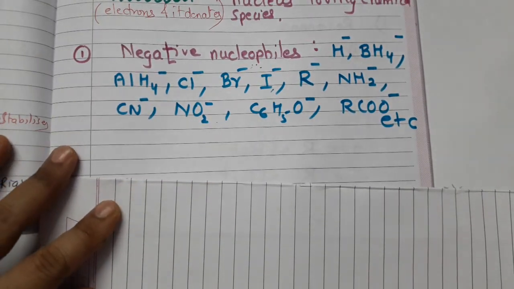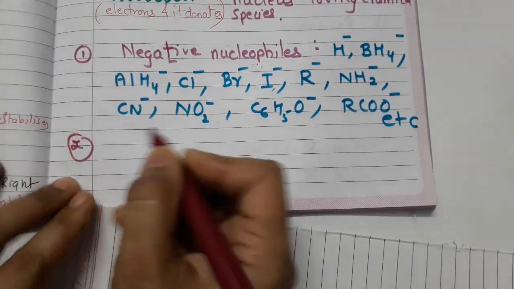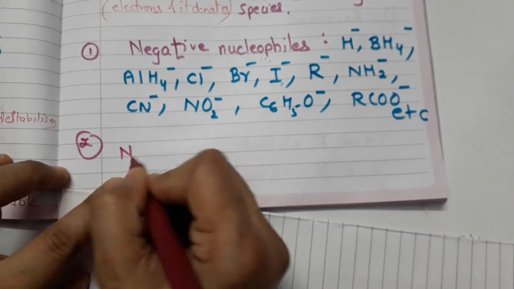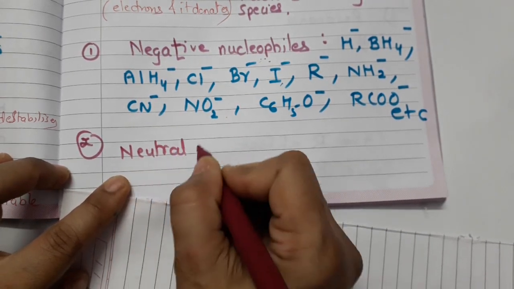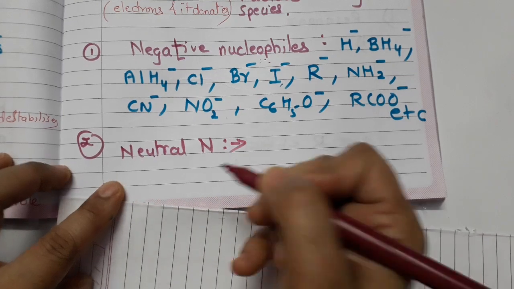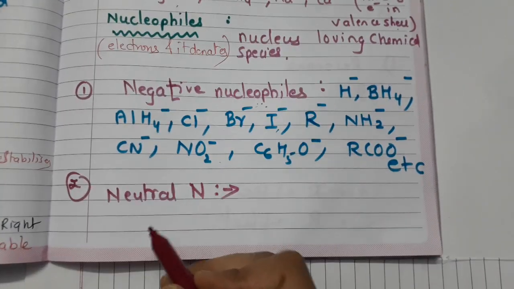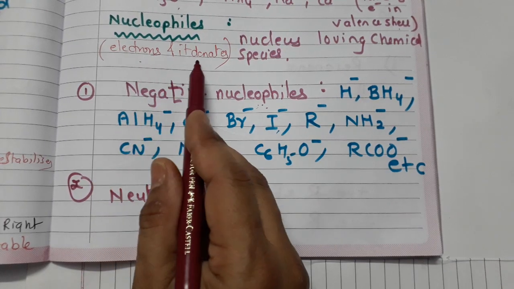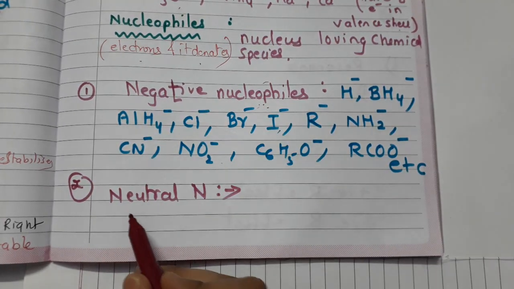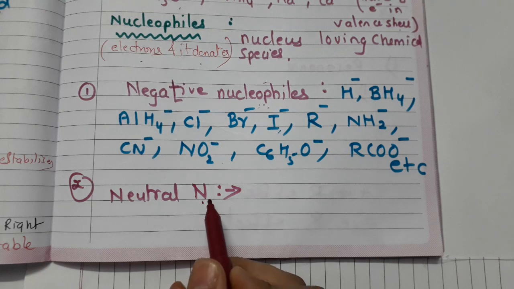Now I have written here one. It means there is another type of nucleophile also, and it is neutral. The type is neutral nucleophile. Now just imagine, I said that nucleophile is a species which contains electron and it donates electron. Then how come a neutral nucleophile can do this?